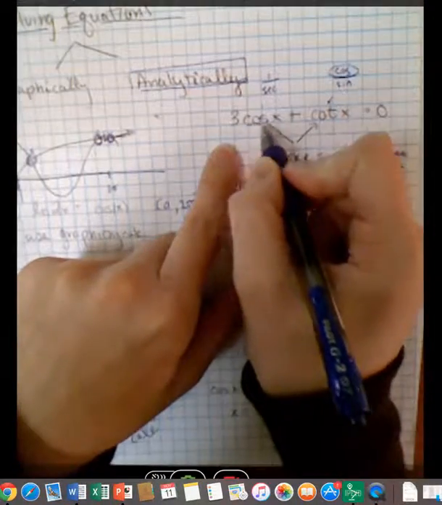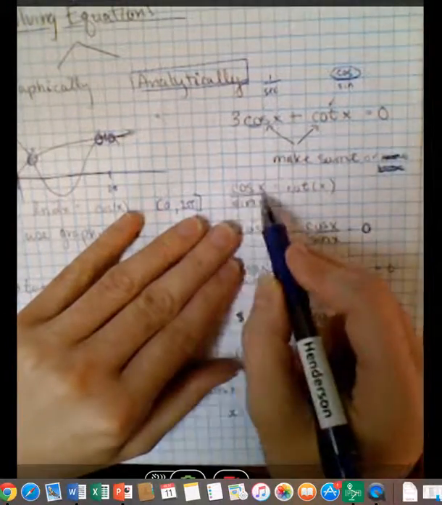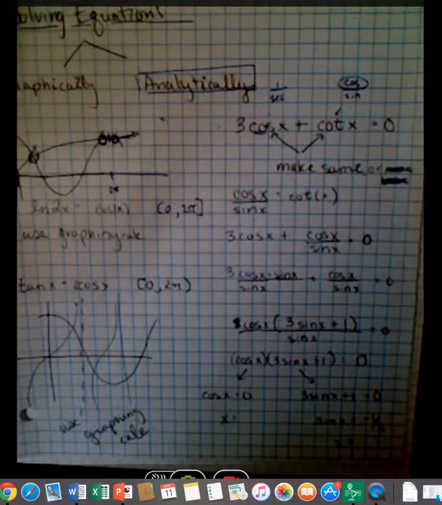Now, that's maybe helpful because there's a cosine and here's a cosine. So, all right, I'm going to write cotangent as cosine of x over sine of x. All right. Now I have something that looks a little bit more familiar.